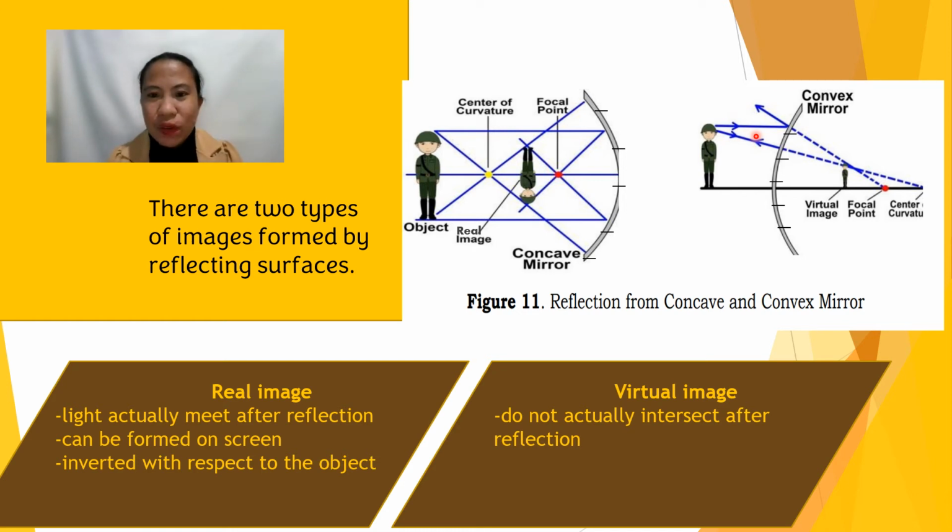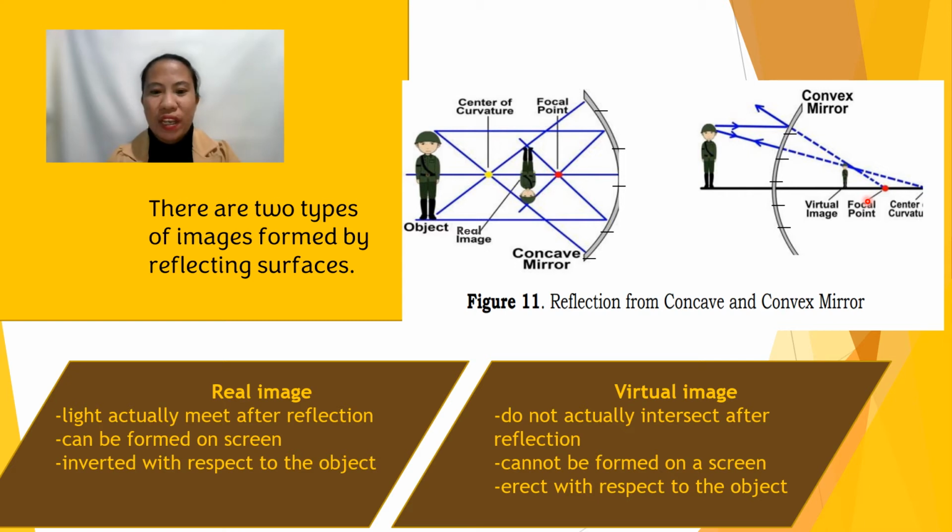But then, when you trace the diverging light rays backward, you could see that the light rays virtually intersect at a certain point behind the mirror and form a virtual image, which is smaller than the object, but it is erect.